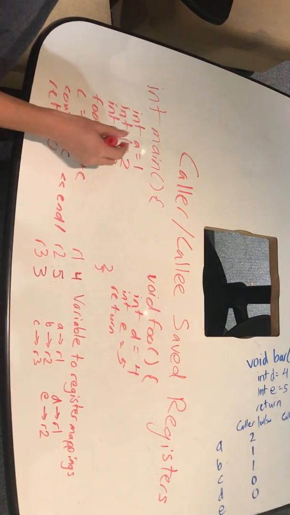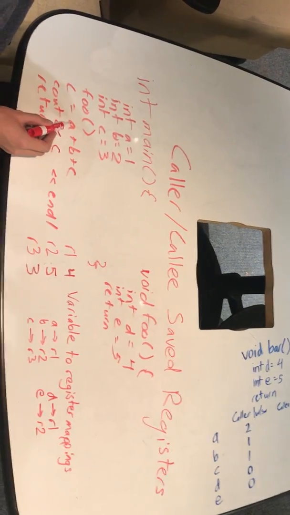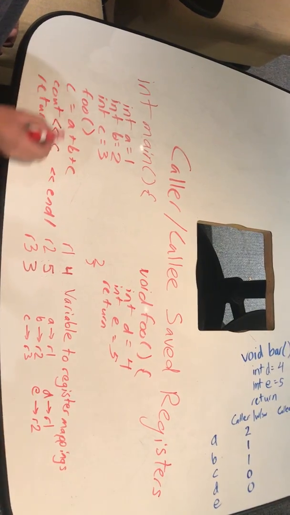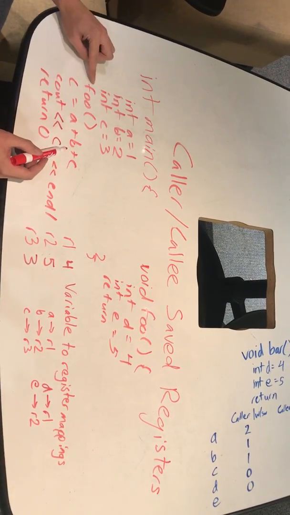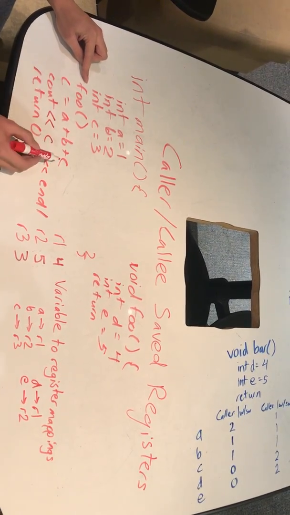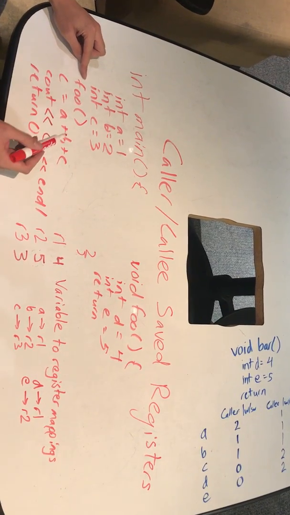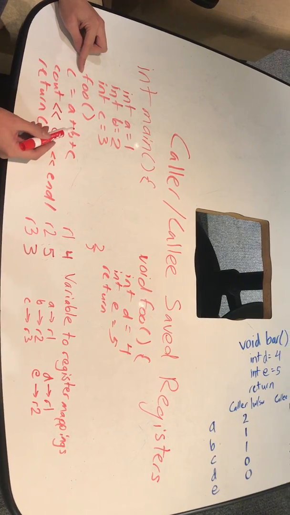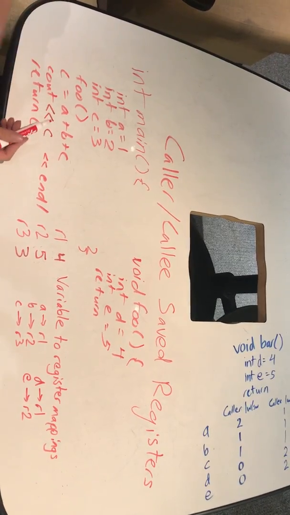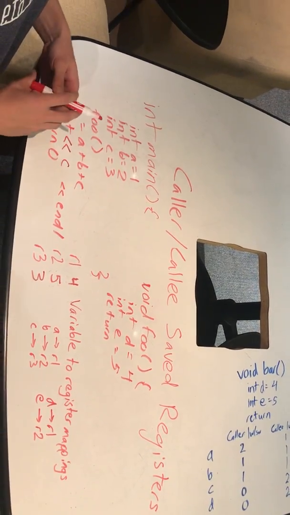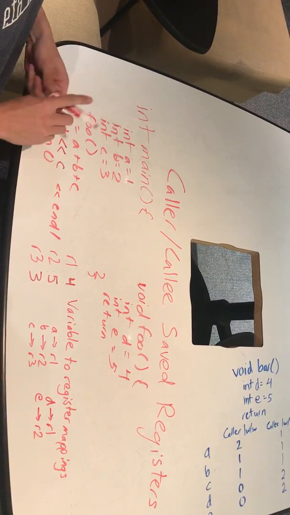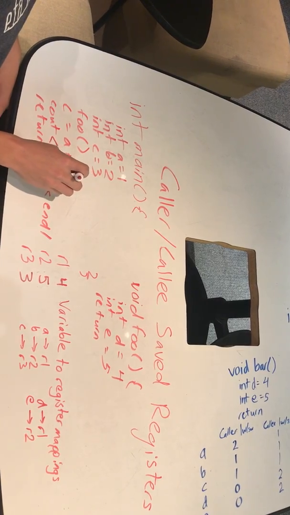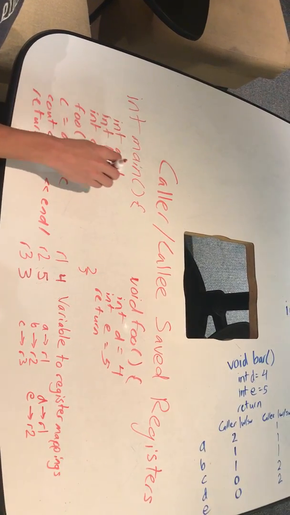In this case, main needs the registers for A, B, and C to do this computation. So before it calls foo, it needs to save all of those values, and after foo returns, main needs to restore those values before it carries on. So in caller save, for this specific example, we get one load and store associated with A, B, and C.